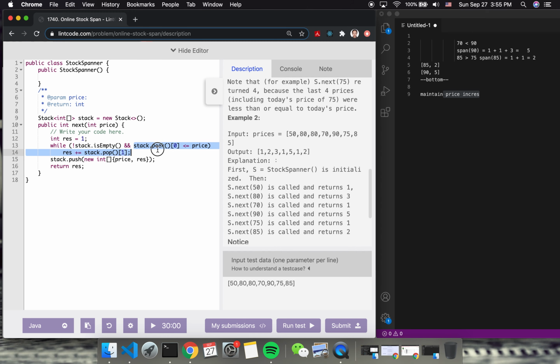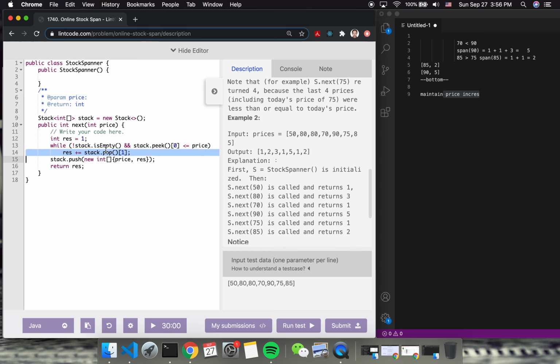And if the top of the stack, the price is smaller or equal to the current price, then we add the span from the stack to our final result, and we keep doing the process until we get the empty stack or the element on the top, the price is bigger than our current price.